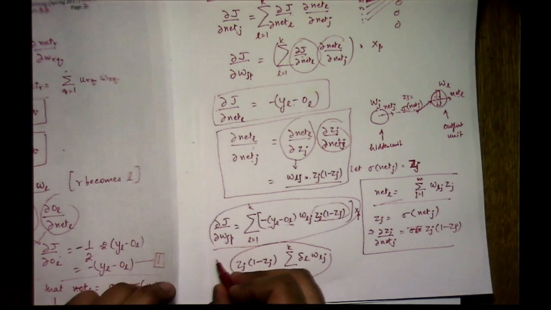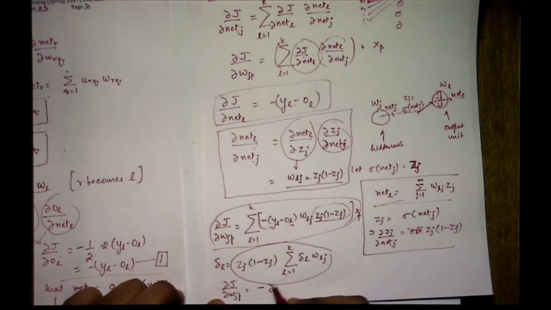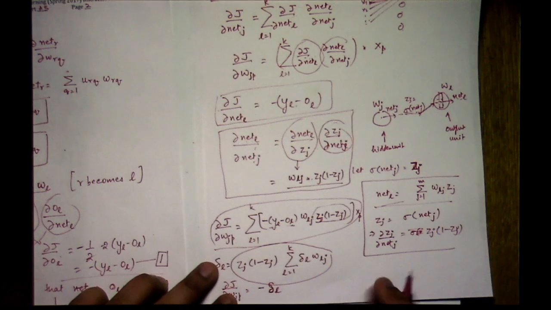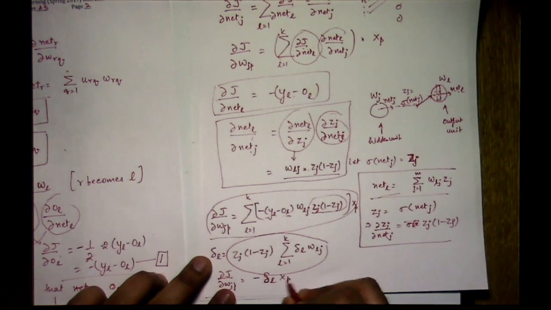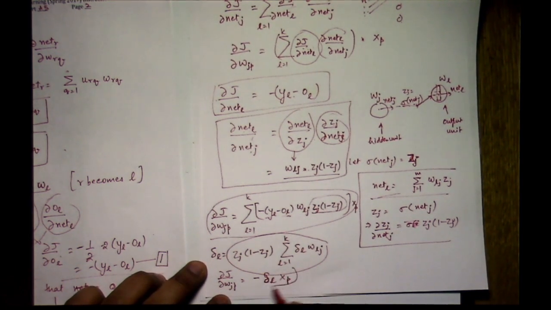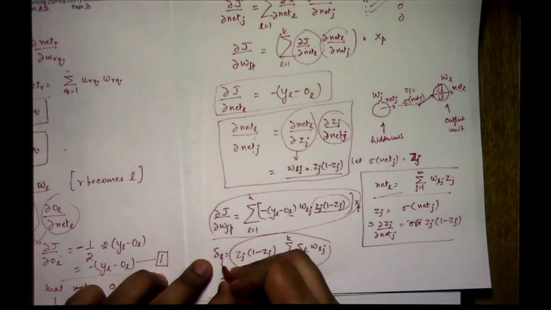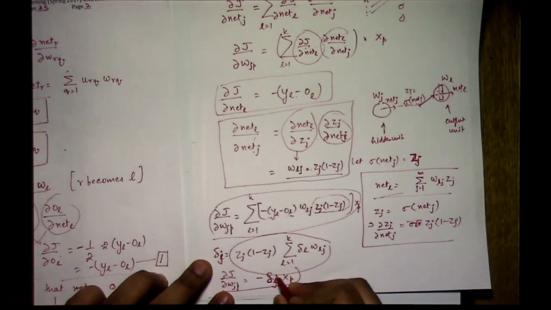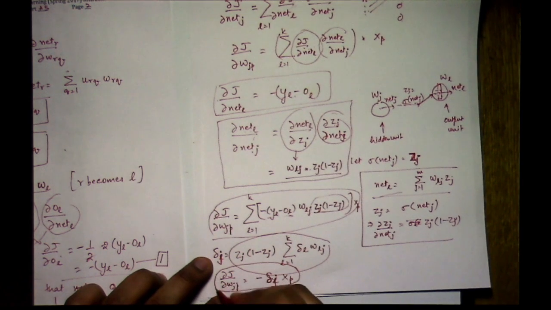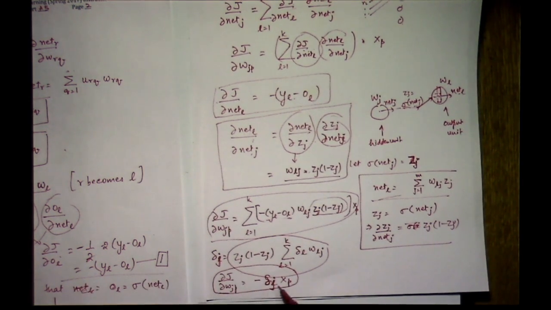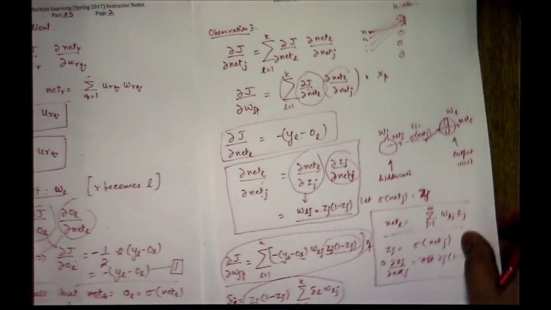I'm going to call this delta L, I'm just defining this term. So delta times xp. Actually, I should call it delta j, since this is for the jth unit. So you can write your partial derivative this way. This is nothing but rearranging and defining the terms in some way.